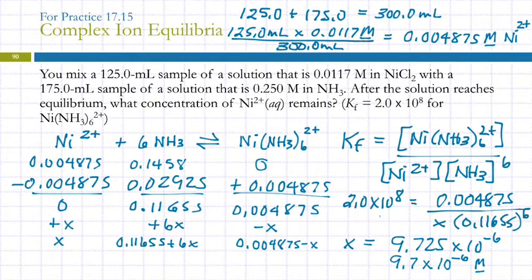I think what happened is that X ended up being so similar in size to this number that when we subtracted, the difference is too small, right? Because the difference should be 9.7 times 10 to the minus 6. And so we don't have enough precision in this number to be able to subtract and get that small of a number.